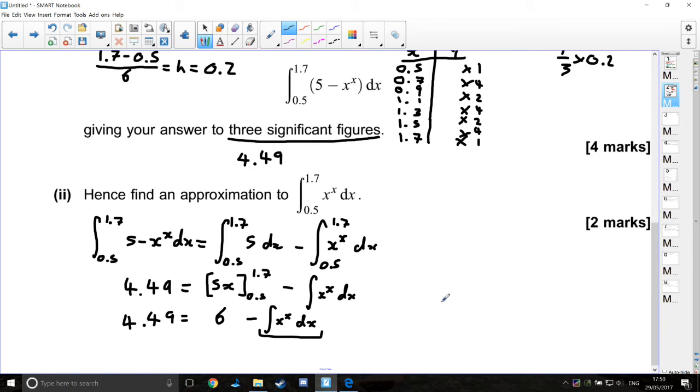well, let's remember that this is negative here. So I'm going to reshuffle this about. So the integral of x to the power of x with respect to x is equal to 6 minus 4.49.